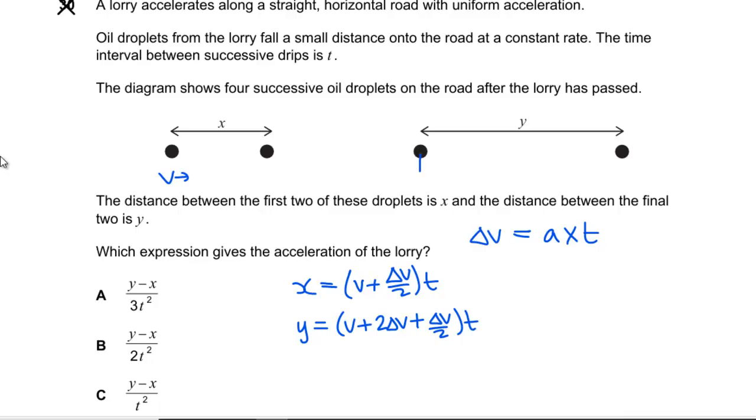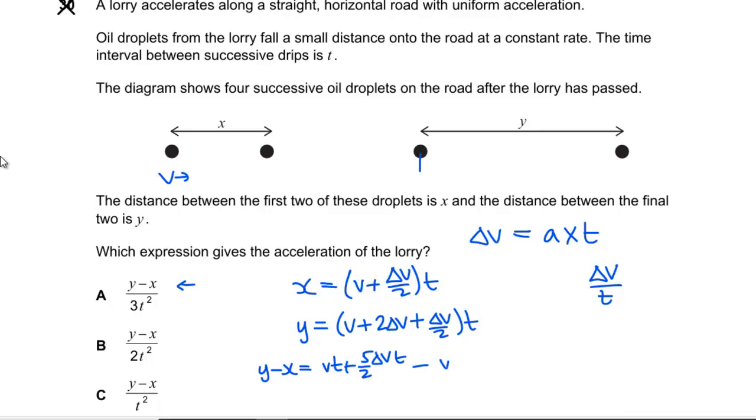And now we want to get a, so we want to get a delta v over t. Now we can see in the answers there's lots of y minus x's, which makes sense because we're going to get rid of those vt's. So if I do y minus x, I'm going to get vt plus, I've got to add on the rest of the delta v's yet, I've got 5 over 2 delta v times t.